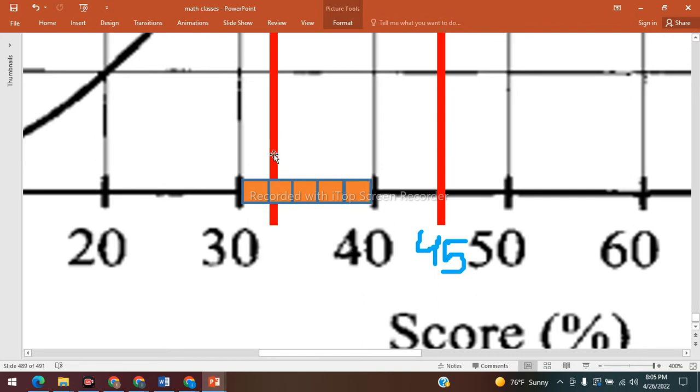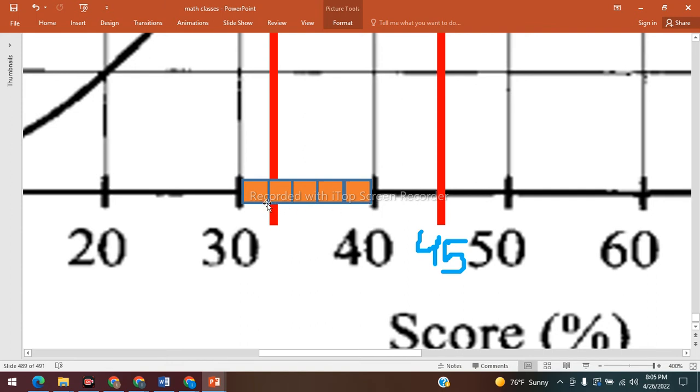But this is here, so this gives a good idea of where it might be. If we say 30 to 40, and we divide that into 10, that's 10 divided by 5. Each of them is 2, so this is 32, 34, 36, 38, and 40.